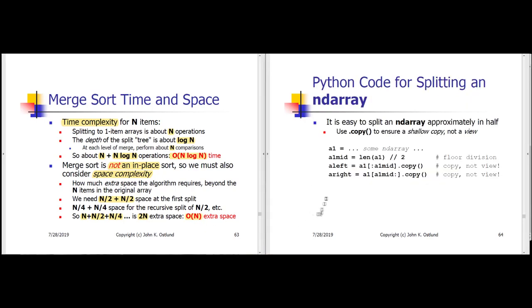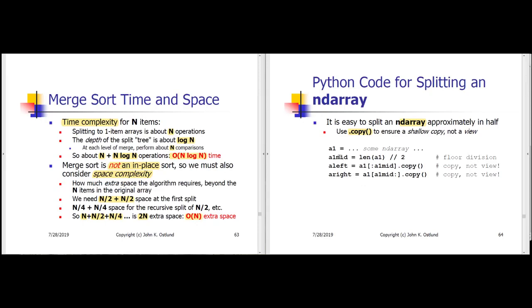Okay, so let's take a look at how we go about splitting. We're going to be working with an nd array here, and we need to use .copy for an nd array to make sure that we're getting a copy of part of the nd array, not a view of part of the nd array.